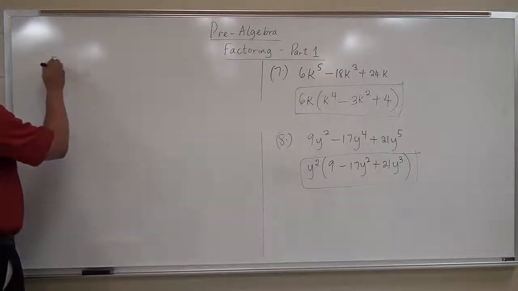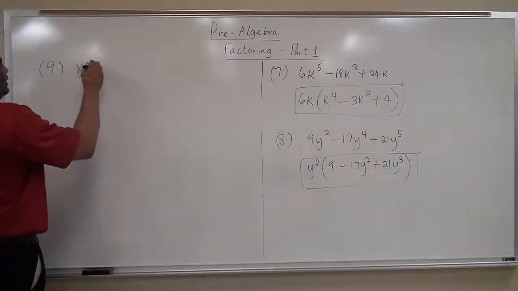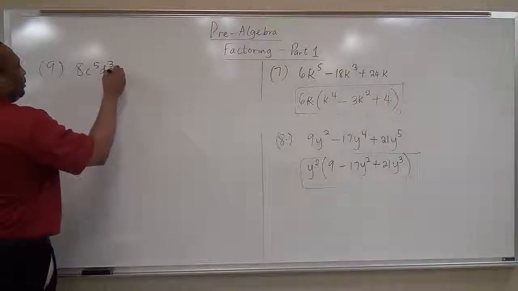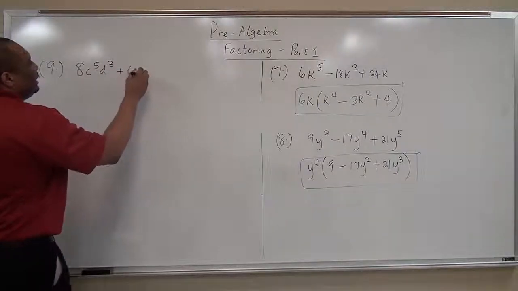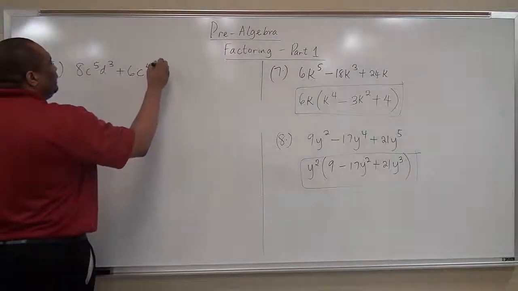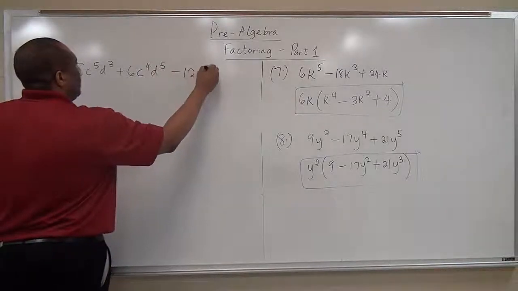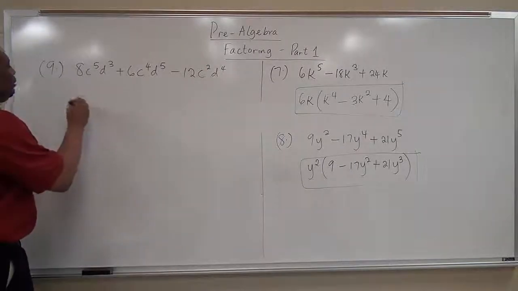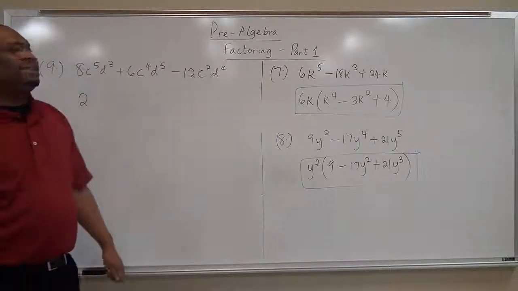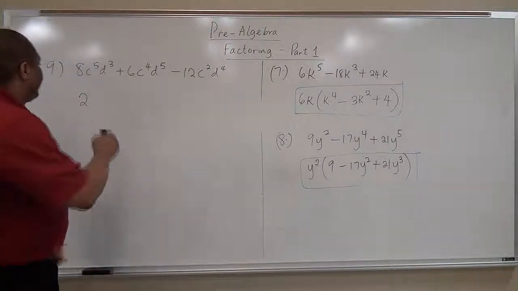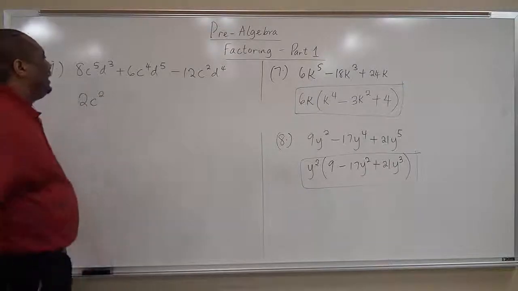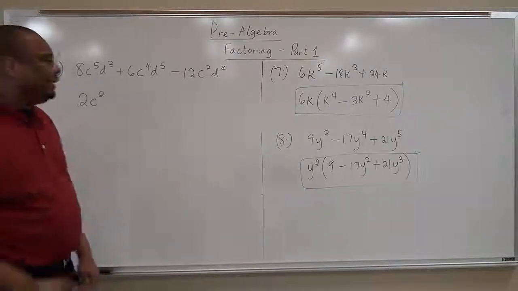Question 9. 8c⁵d³ plus 6c⁴d⁵ minus 12c²d⁴. Look at c⁵, c⁴, c squared: the common factor is c squared. D cubed, d⁵, d⁴: the common factor is d cubed.